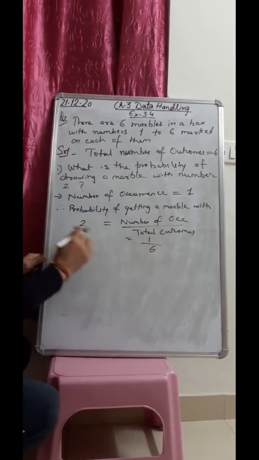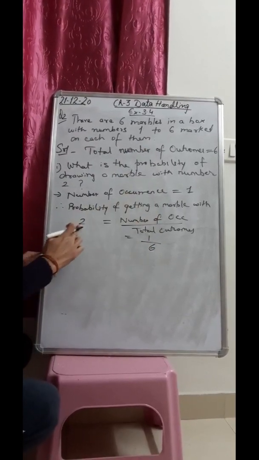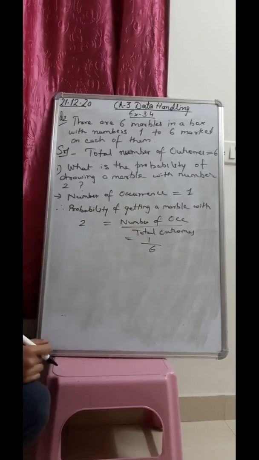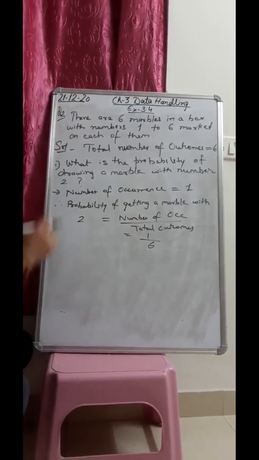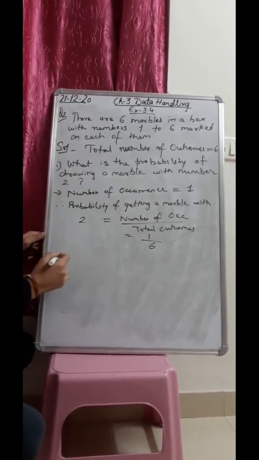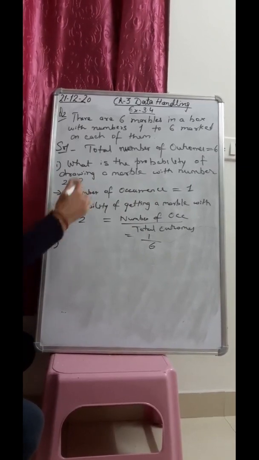So the probability of getting a marble with 2 is 1 upon 6. In this way we can find the probability of getting a marble with number 2.